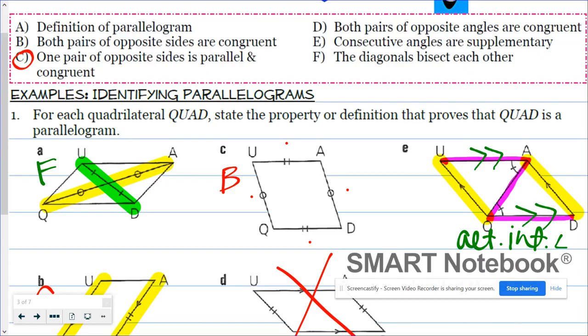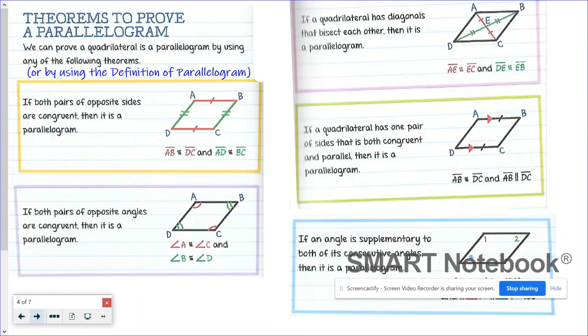So this quadrilateral in E is a parallelogram by definition. Both pairs of opposite sides are parallel. So that's something to be aware of, especially those alternate interior angles, because if you throw in one of the diagonals, you're going to get alternate interior angles, and they can be used to prove parallel lines. So just something to look out for.